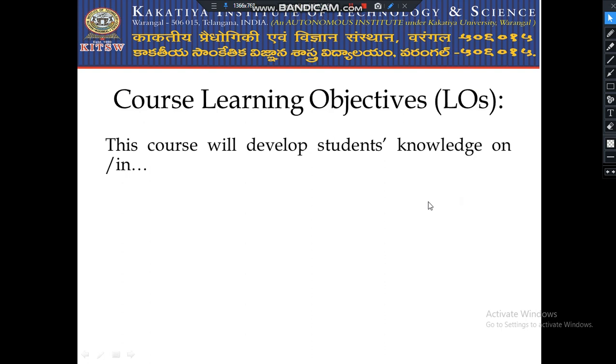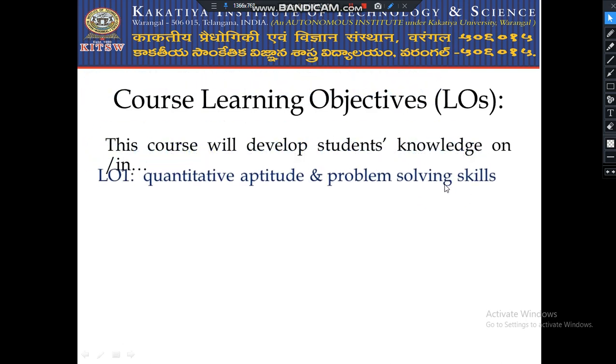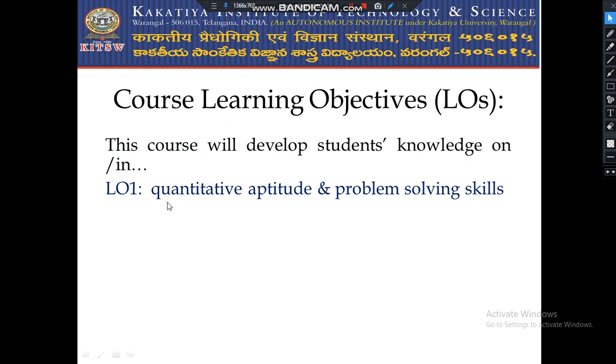Course learning objectives. This course will develop students' knowledge on, learning outcome 1: quantitative aptitude and problem solving skills. Students, you should know quantitative means measurable. So this subject details how one can measure or quantitate the information provided, and problem solving skills.